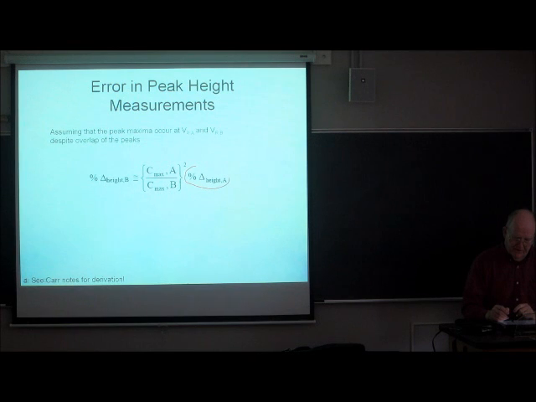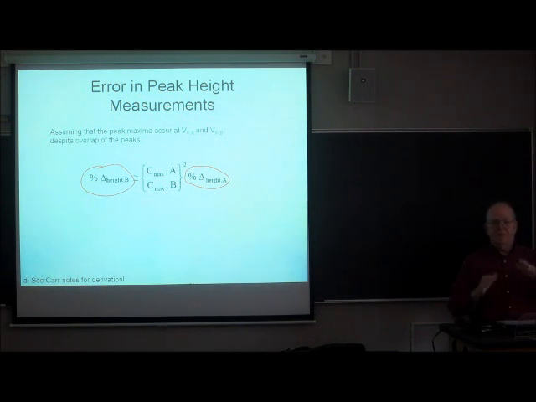So if you make an error here, you have to multiply it by the ratio of the true heights of the two peaks squared, and that will give you the error in the B peak. Now, the real peak is always going to be under the apparent peak. So measuring the peak height can only lead to positive errors. It can never.